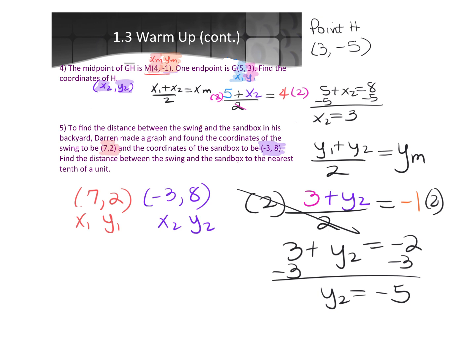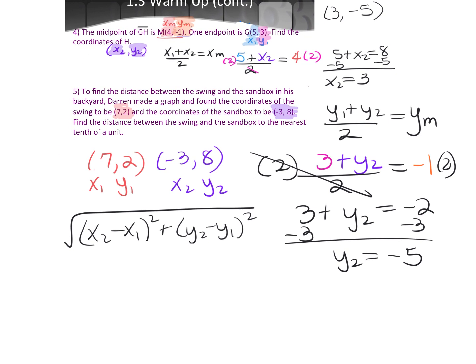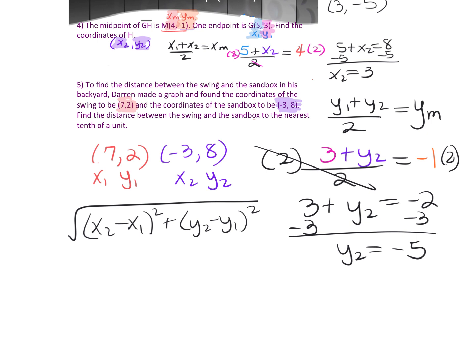Remember, the formula is x sub 2 minus x sub 1. Again, it's just little labels. Then subtract the y's, square them, and it's under a radical. So let's go ahead and fill it in. I take both of the x's, this one and this one, and I'm subtracting them. So -3 minus 7 squared.